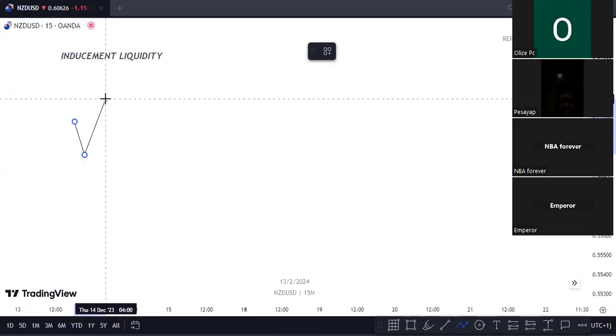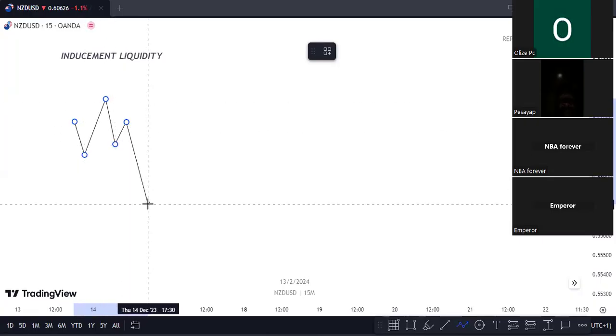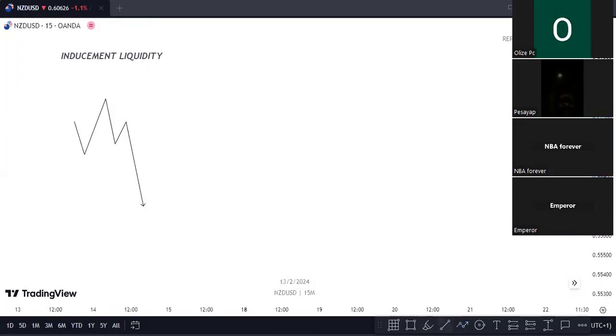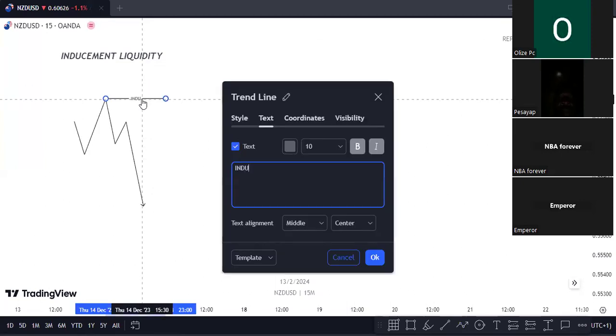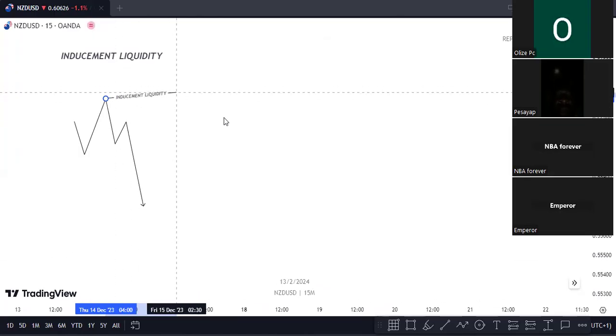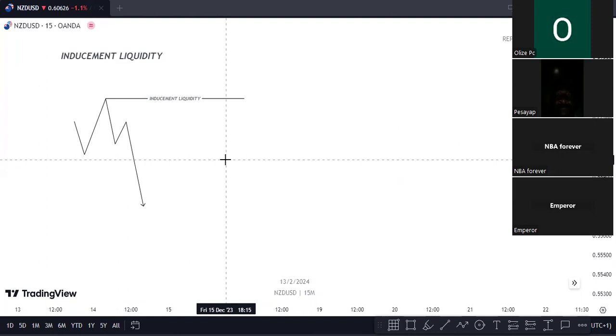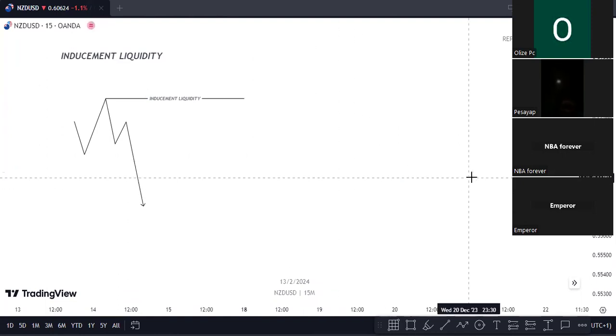So your main high or your strong high is where we mark out what we call inducement liquidity.